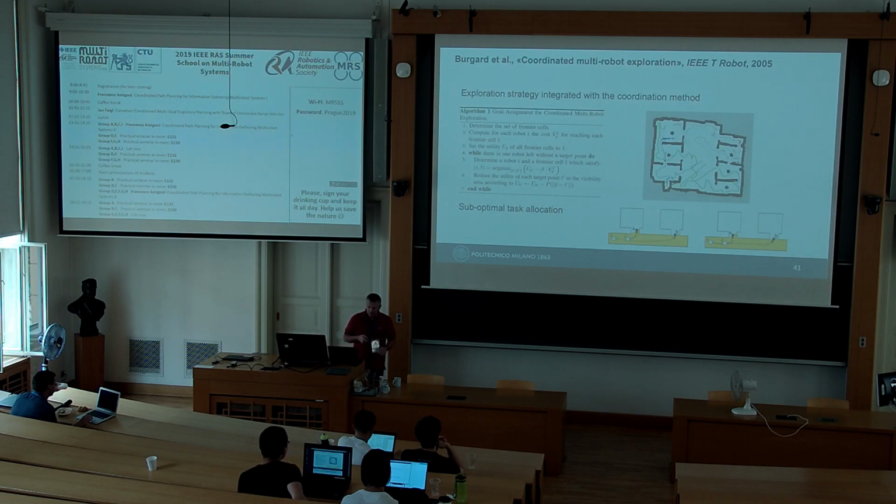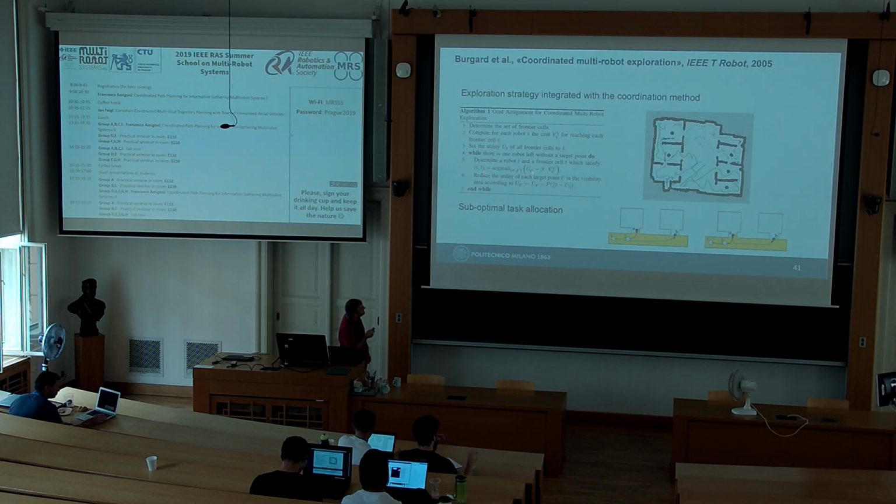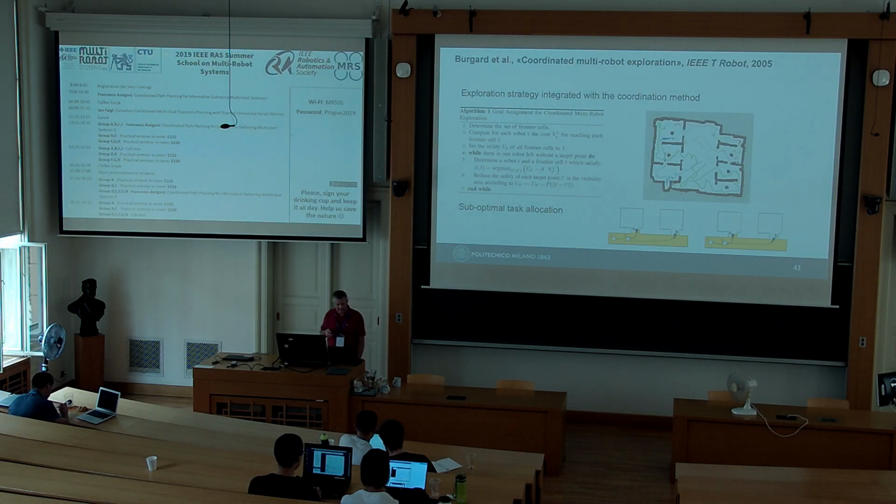Then you find out the best robot-frontier pair, that is the pair that maximizes this function, which is the utility minus the cost for reaching that frontier. Beta is a weight in this case.